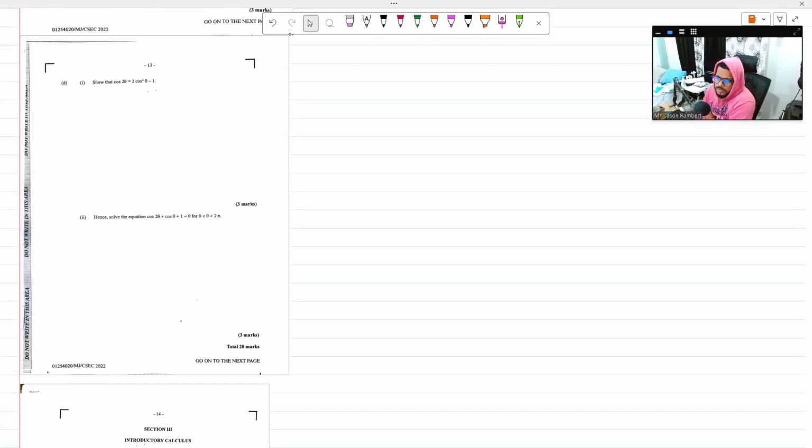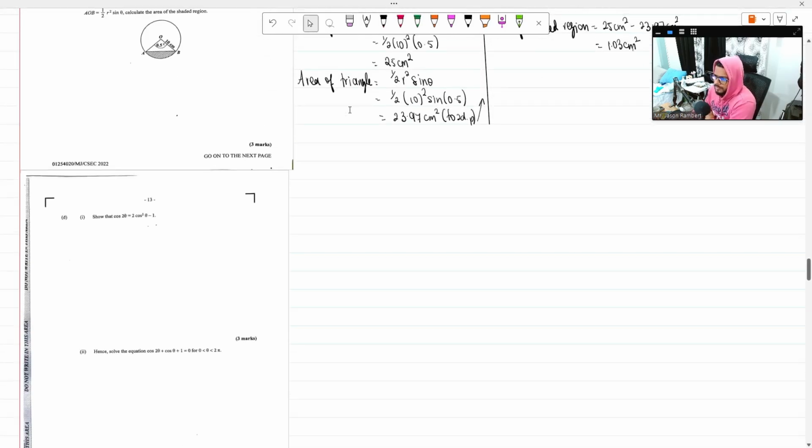Show that cos 2 theta is 2 cos squared theta minus 1. All right, that's easy. We have a number of ways in which we can do this, right? There's an identity that we proved before. So I've got to recall my compound angle formula. Cosine of A plus B is equal to cos A cos B minus sine A sine B. Let A be equal to B be equal to theta.